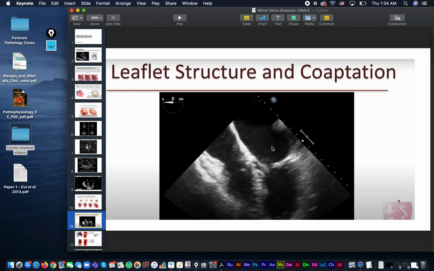So you can see it's severe regurgitation due to PCA infarct, and it happens. This would be a type 2 regurg, because remember, type 2 is excess leaflet motion due to papillary muscle rupture, which is what happens in a severe PCA.